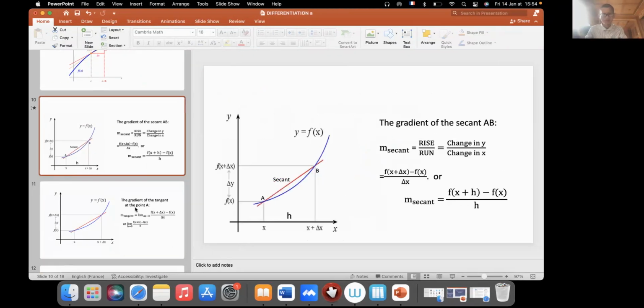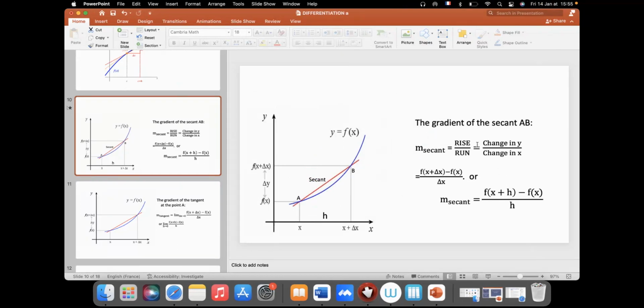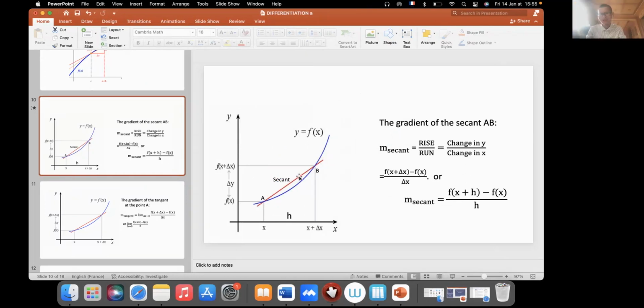Now, let's sum up, okay? First, for a fixed point on the curve, he draws a secant line and calculates the gradient of the secant line, which is rise over run, the change in y coordinate over the change in x coordinate, right?